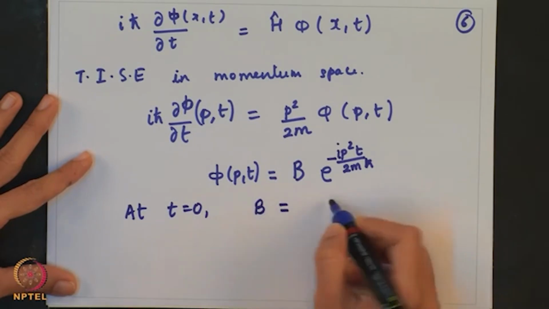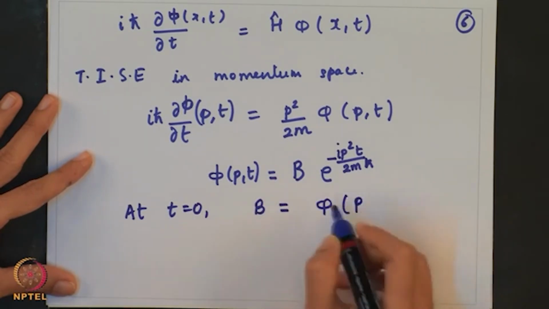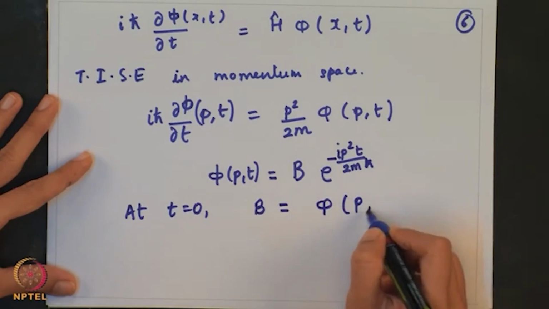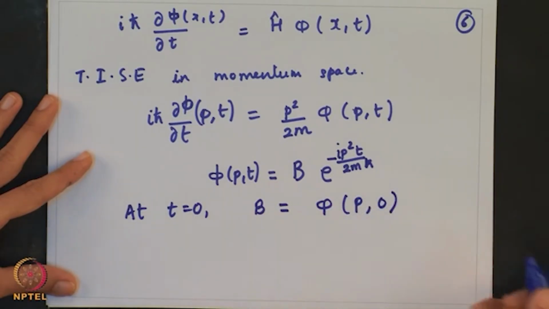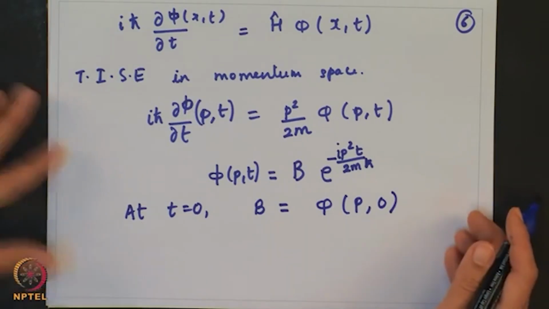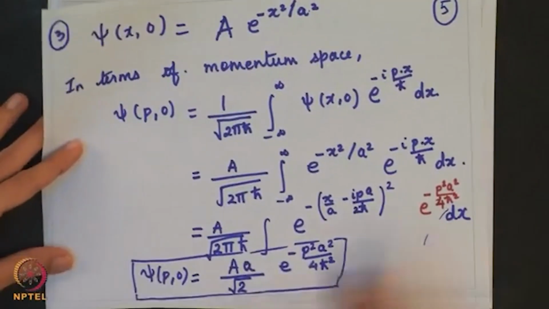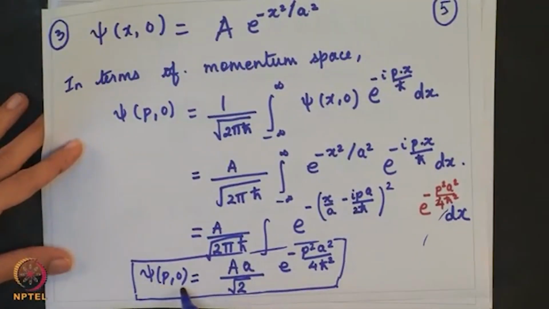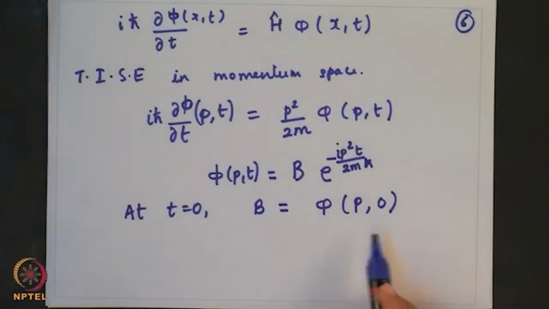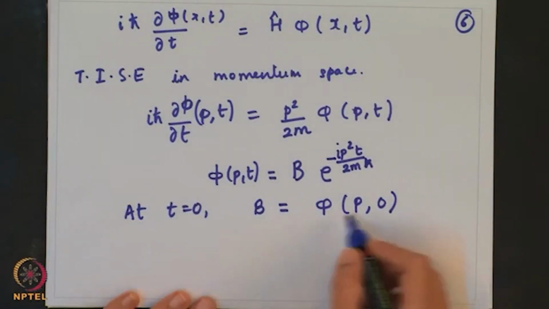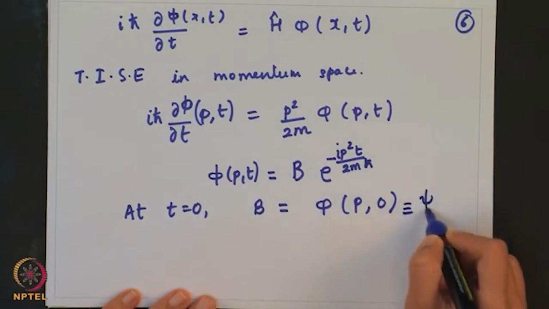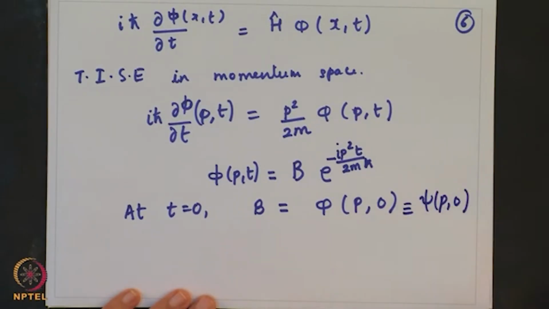I get the value of b as φ(p, 0), and we have evaluated φ(p, 0) in our previous expression. This is what was our ψ(p, 0), which I have defined here and already evaluated.